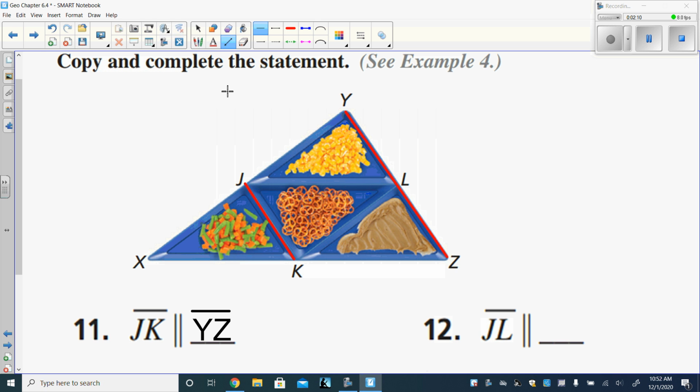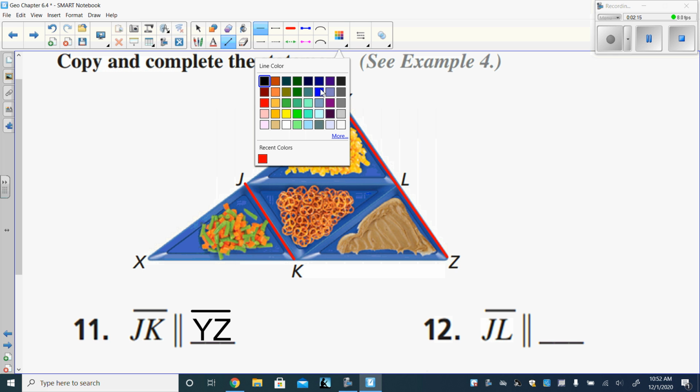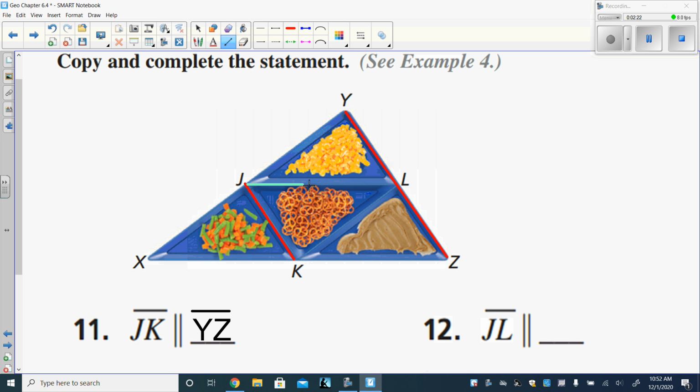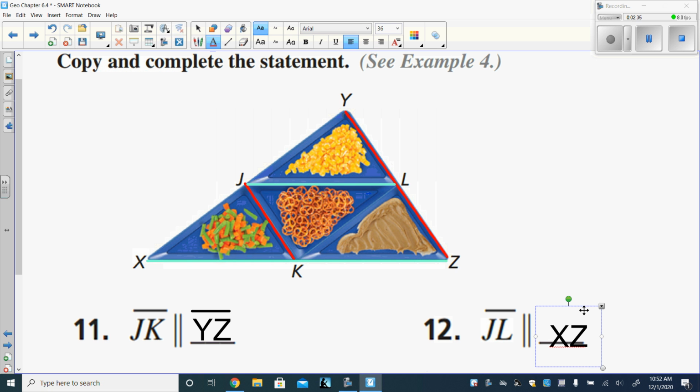Now, it also asks us about JL. So I'm going to make it a different color. Let's go with teal. This line here, JL, is going to be parallel to the line opposite it, which is this one down here. And that line down there is going to be XZ. And these two here are going to be parallel lines because those two are parallel to each other.